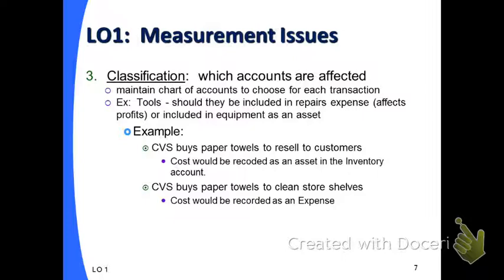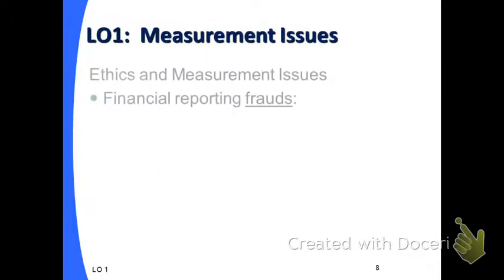If it was using those paper towels to clean its store shelves, then clearly those paper towels would be recorded as an expense. So you can see two examples of the classification issue and the importance of trying to determine how those transaction accounts should be classified.